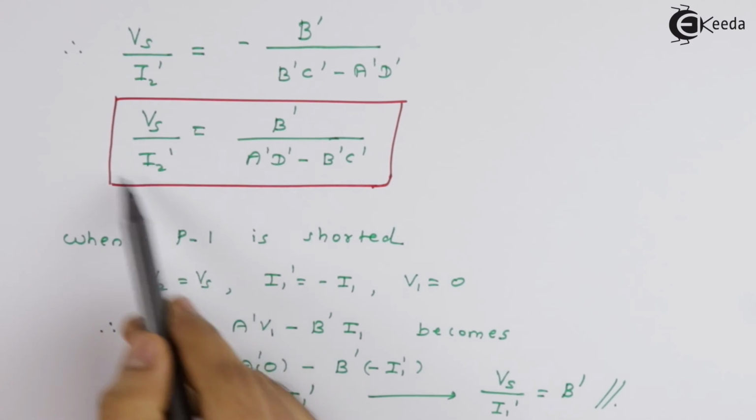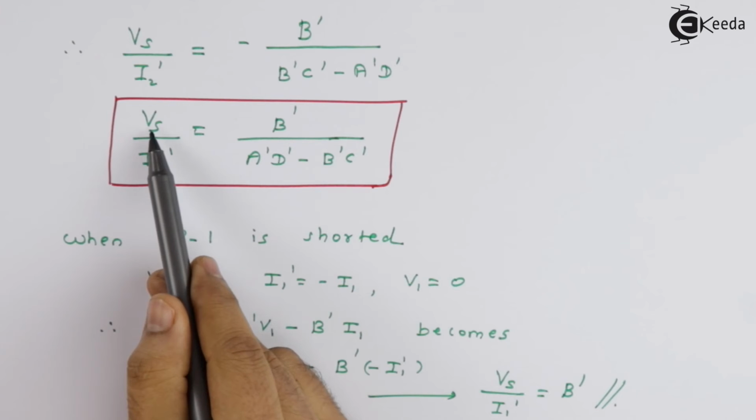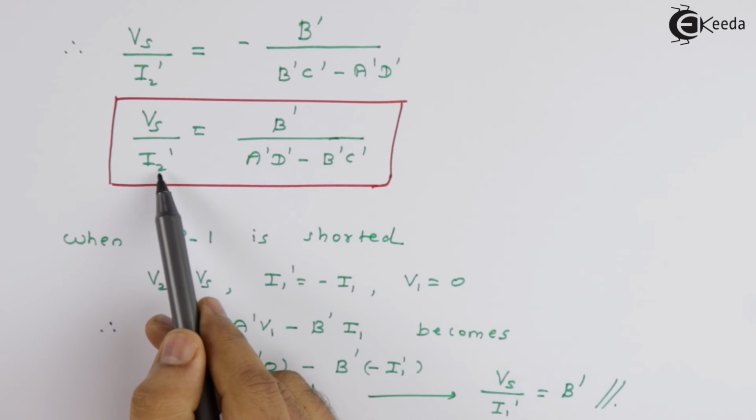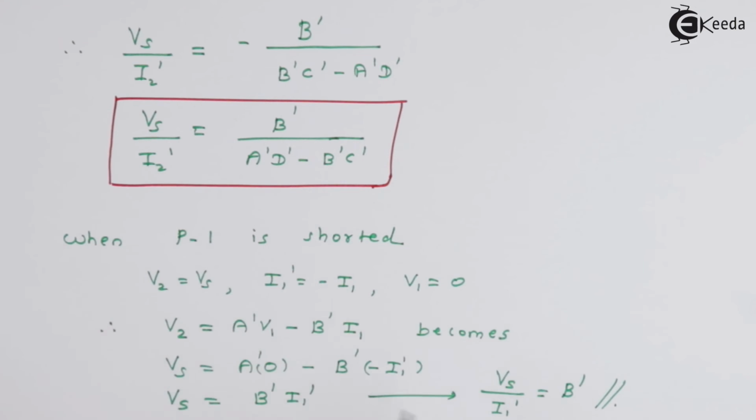Now, this is ratio number 1, which is one voltage and another port current. Similarly, this is voltage at port number 2 and current at port number 1. So these two ratios have to be same for satisfying the reciprocity property. So we can equate both, and when we equate both, this B dash and B dash will get cancelled and we will get the same ratio which we got for ABCD parameters.